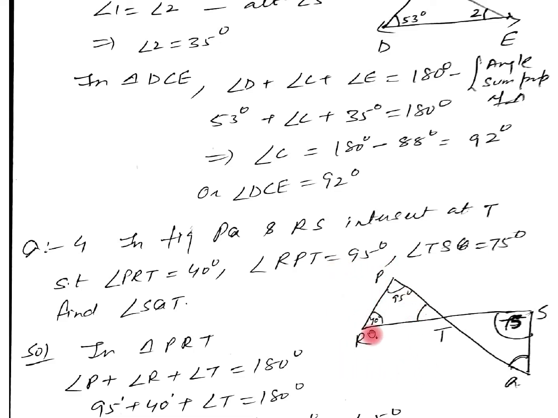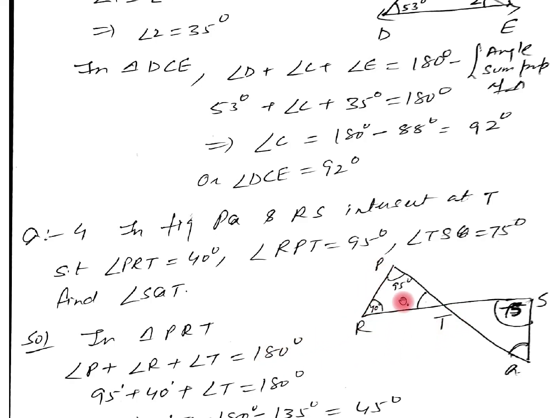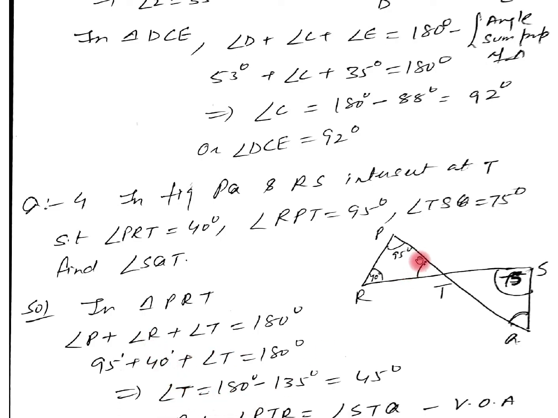This is the triangle PRT. Two angles are known to us. We can easily find out this third angle by using the angle sum property. In the triangle PRT, angle P plus angle R plus angle T equals 180 degrees. Putting the values of P and R, we get angle T, this angle here in this triangle, equal to 45 degrees.